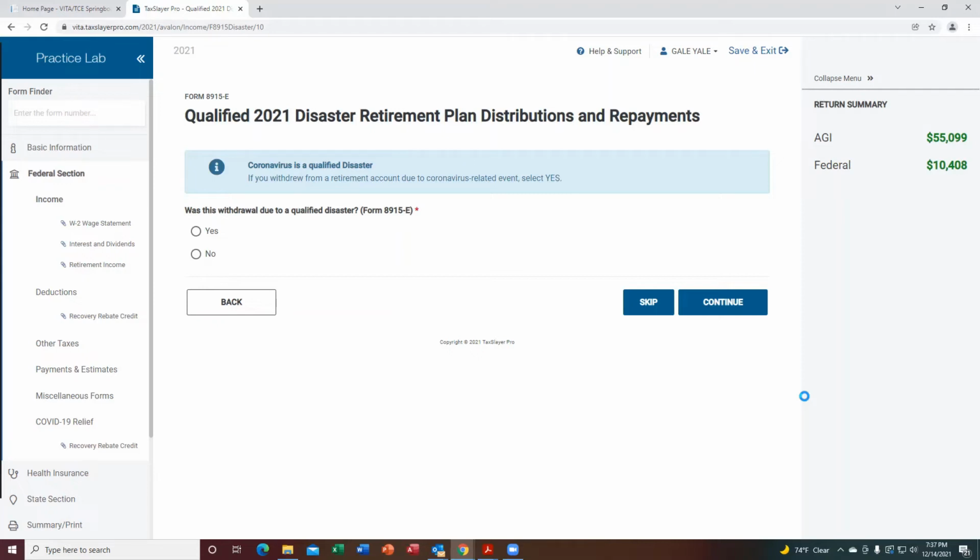And they have a code 1 because that's considered early distribution, which means they're going to be subject to additional tax, usually the 10%. And so last year and this year, there's still the stipulation that there are exemptions for it if that's the case, but the client has to disclose.